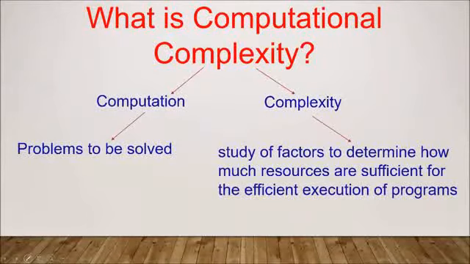See, the execution should be efficient. It means we should get a proper result through the proper use of resources. If a program is developed in such a way that more resources or a lot of time is needed for its execution, then the program is not effective.